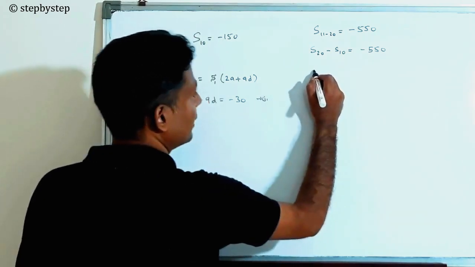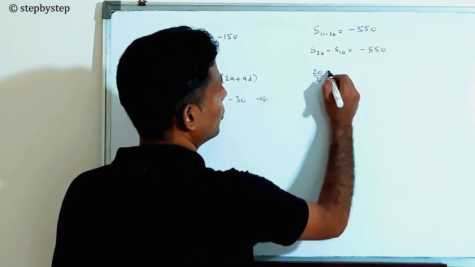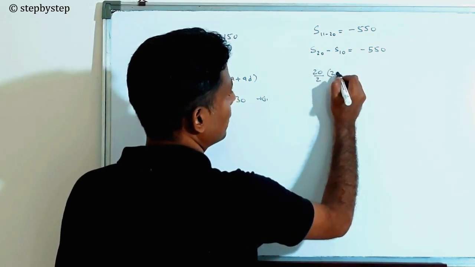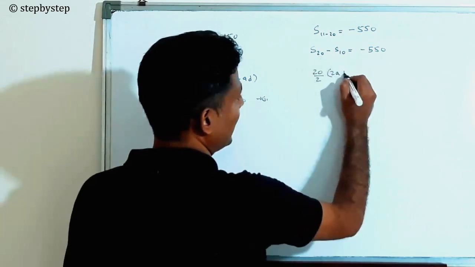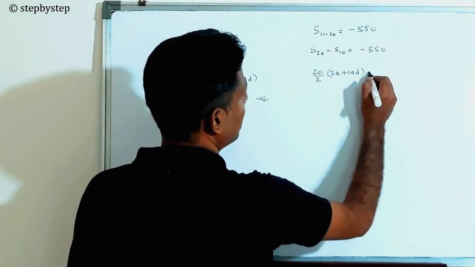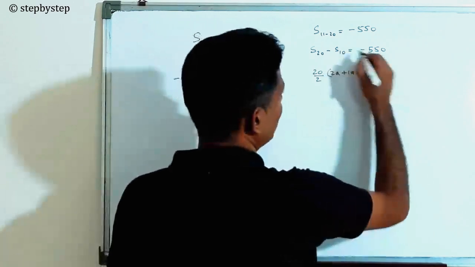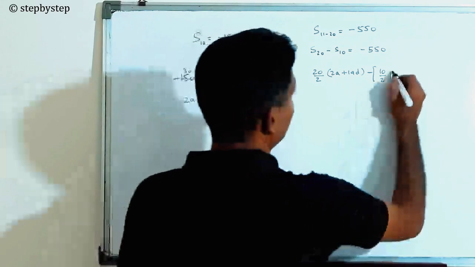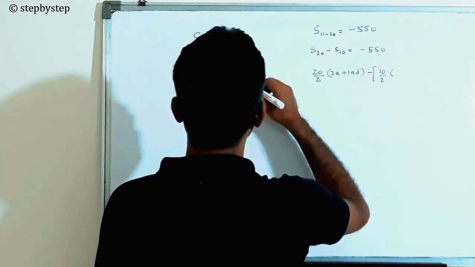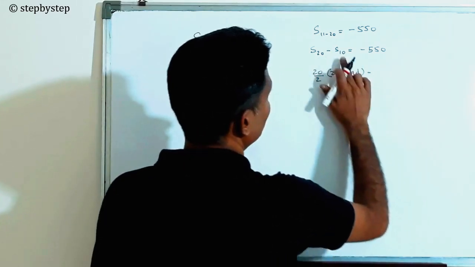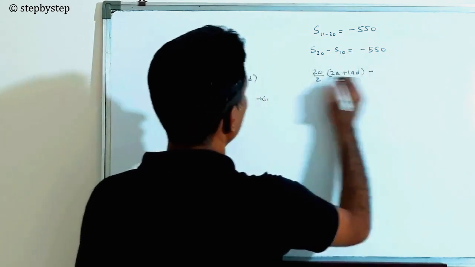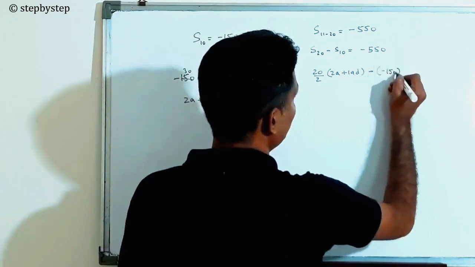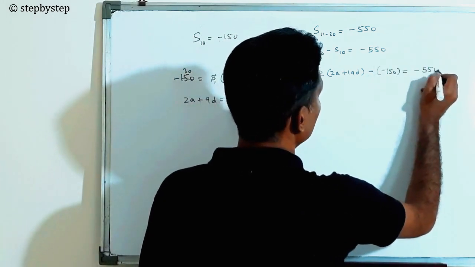Second equation, S of 20, that is 20 by 2, into 2a plus n minus 1, 20 minus 1, 19d, minus S of 10. Actually what we can do is, since it's minus S of 10, we can directly substitute the value of S of 10, that is minus 150, equal to minus 550.